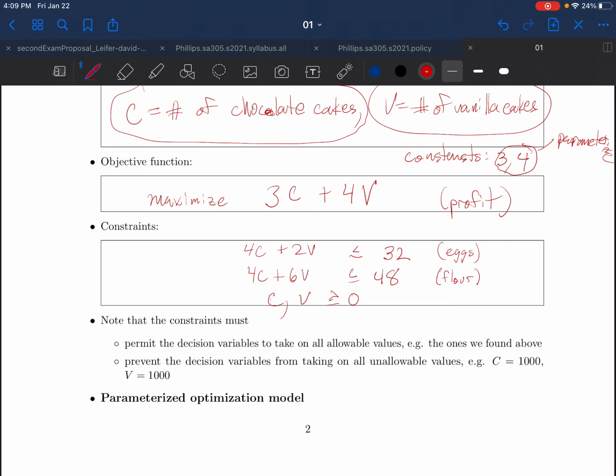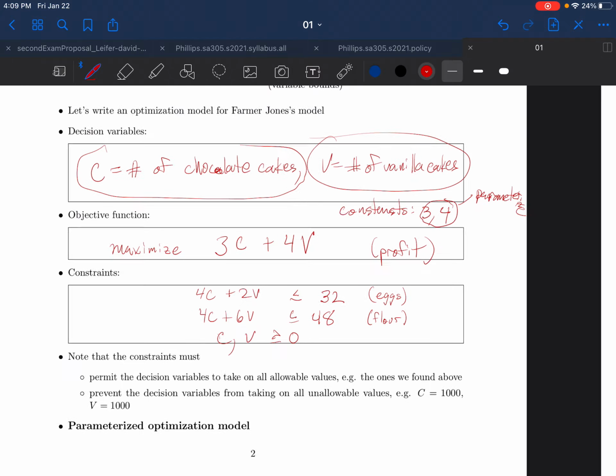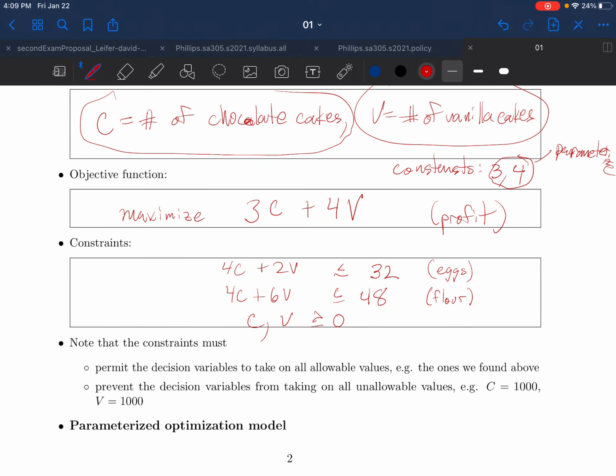I wanted to note, so at the end of this, we had just derived out the optimization problem for Farmer Jones. And one of the things that I didn't talk about, so let's talk about it now, is parameters. So we have constants in the model.